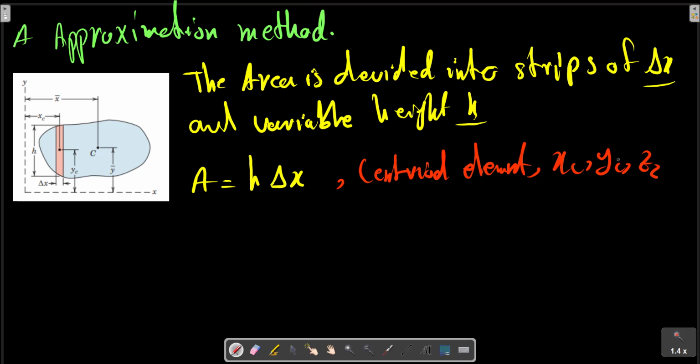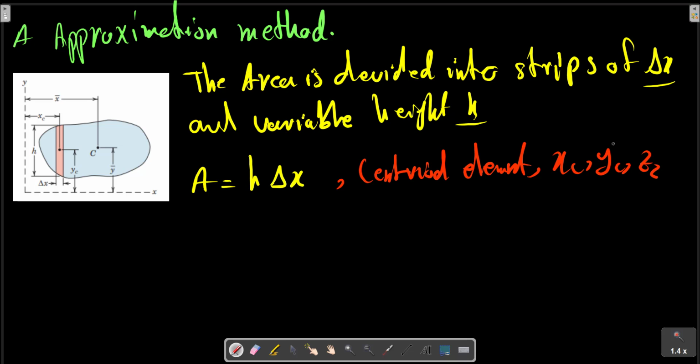The sum of moments for all strips divided by the total area of the strips will give the corresponding centroidal coordinate. A systematic tabulation of the results will permit the orderly evaluation of the total area.